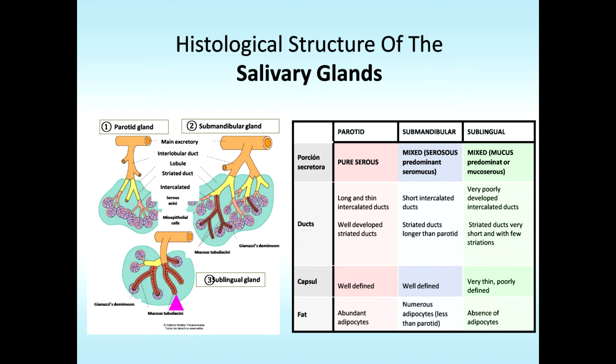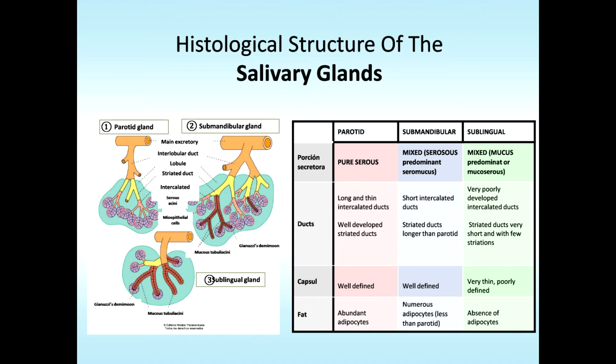Then we have a type of acinus which secretes a saliva which has a large amount of mucus. Therefore, we call them mucous acini. Finally, there is a type of acinus which has cells that secrete either mucus-containing or serous-containing saliva. This will be the mixed acinus.